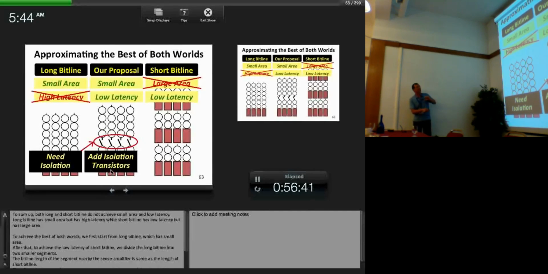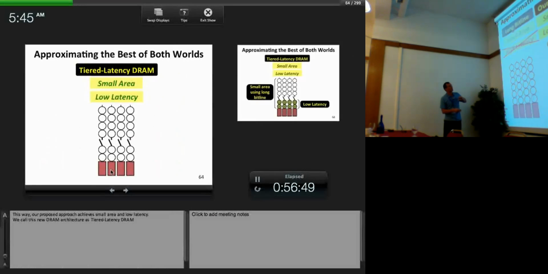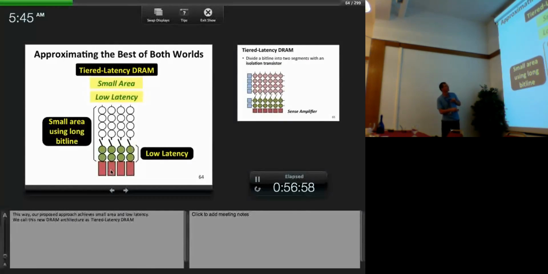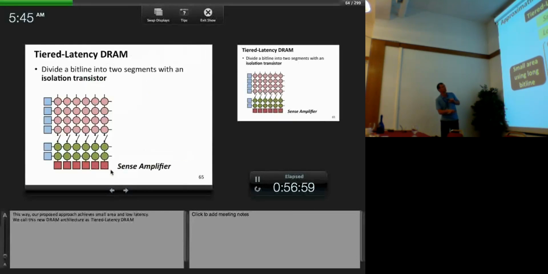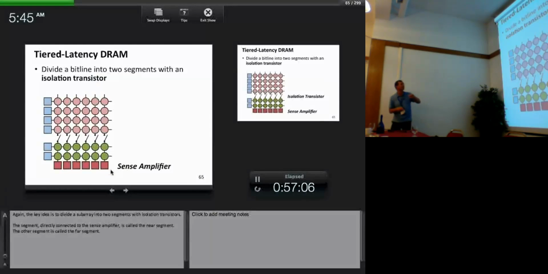So the idea is to add this isolation transistor that divides DRAM into two areas, fast and slow. That way, hopefully you get small area because you have long bit lines, but you also can get low latency by accessing this portion. This portion is low latency, it's called the near segment. This portion is high latency, it's called the far segment. And that's the idea. You basically have a tiered latency architecture in DRAM.